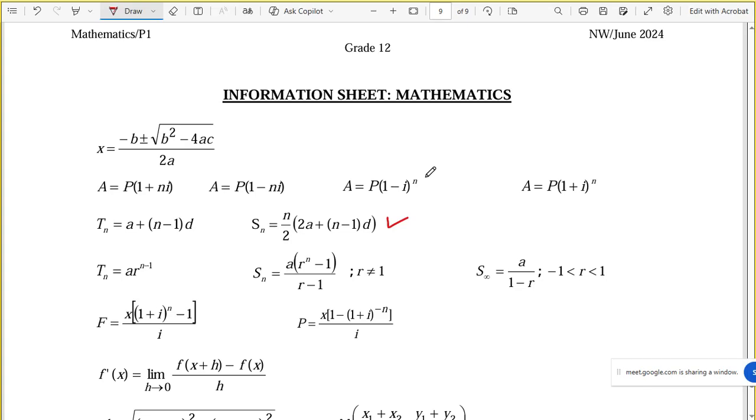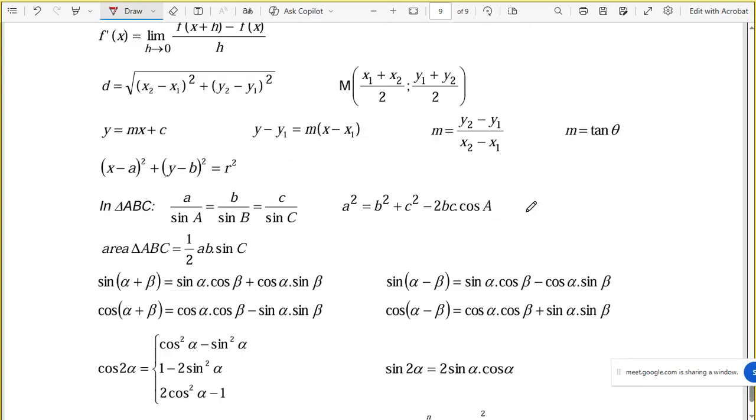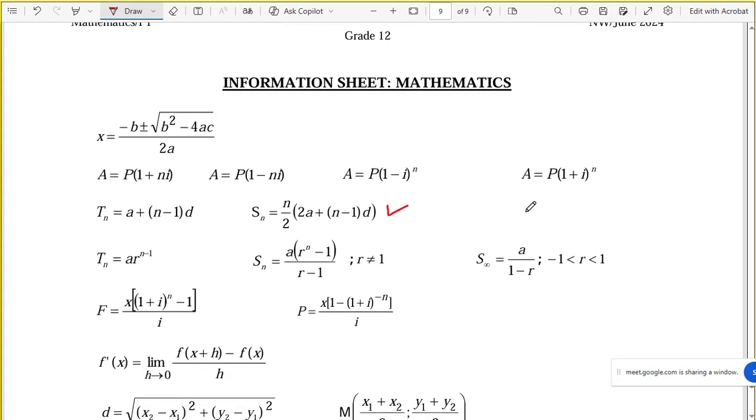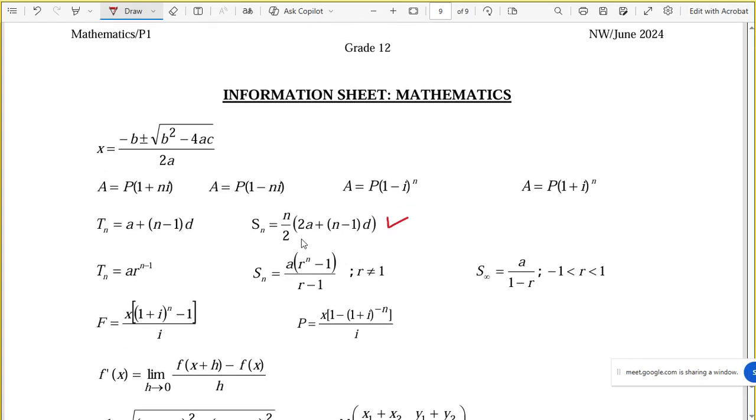Okay, but now I don't think we have the sum formula where you have the last term. Guys, I think this one will make everything more complicated. But if I say sum of terms, it's n over 2 into a plus the last term. Do you know this formula?